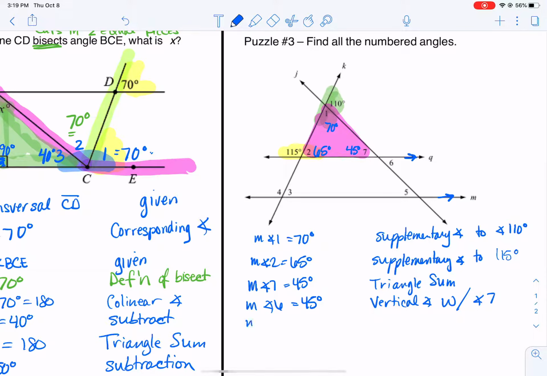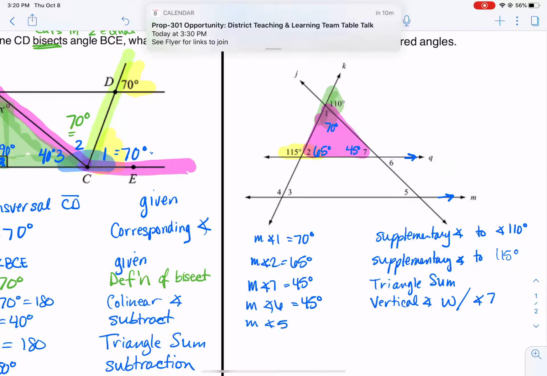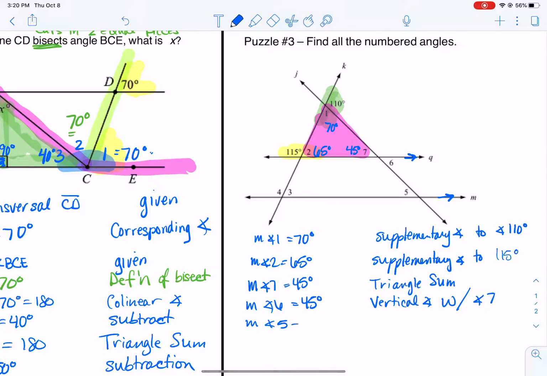Then I can say that the measure of angle 5 is 45 degrees because it is a corresponding angle with angle 7.